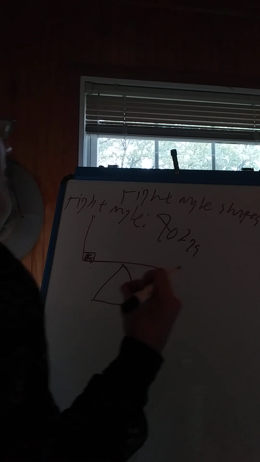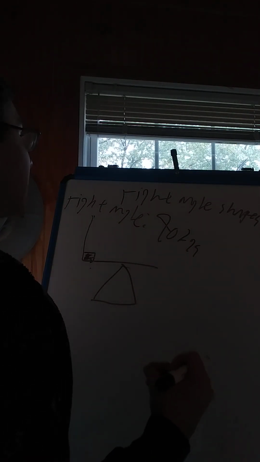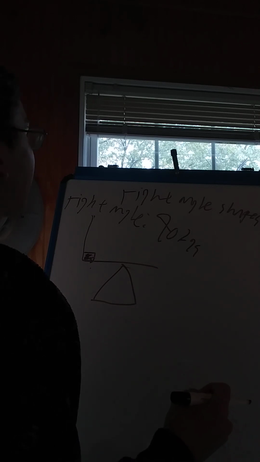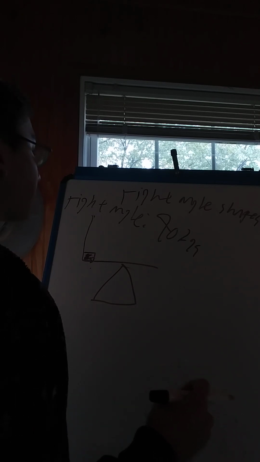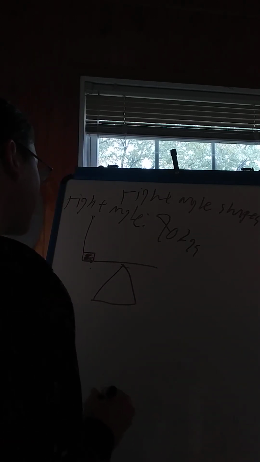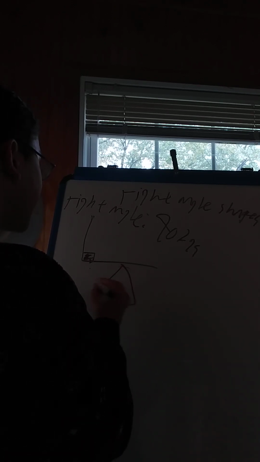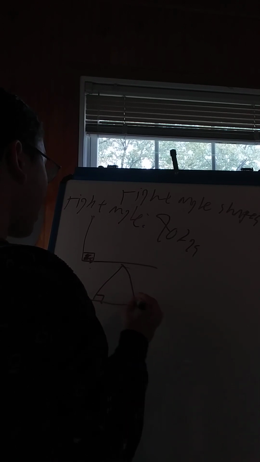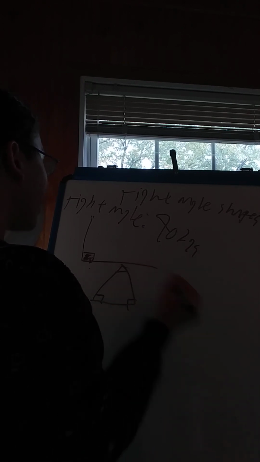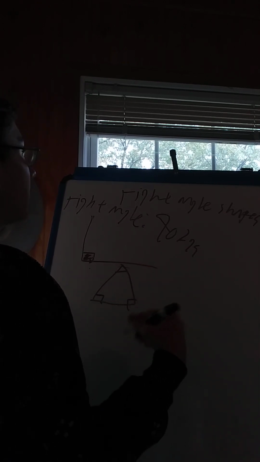So the sides are not even and they're not straight. The corners are not even. We could draw those squares in here, but still, all the sides are not 90 degrees.